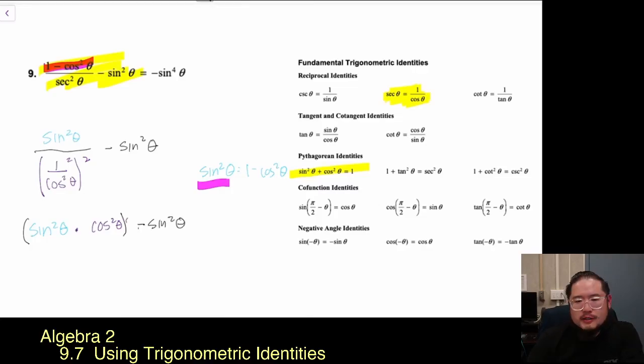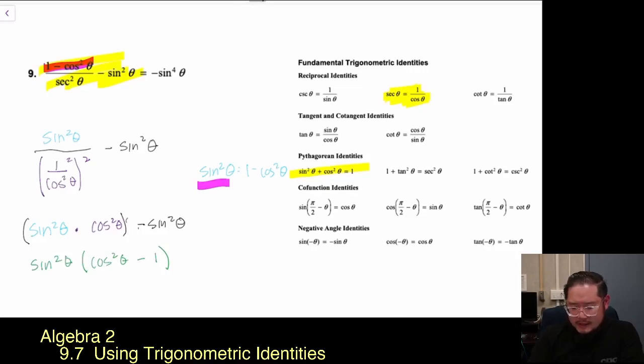If I look at the expression now, something you learned in algebra is that they both share something in common, and we're going to go ahead and factor that out. So what am I going to factor out? Sine squared theta, and what I'm now left with is cosine squared theta minus 1.